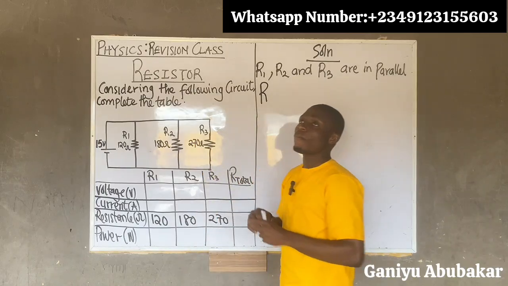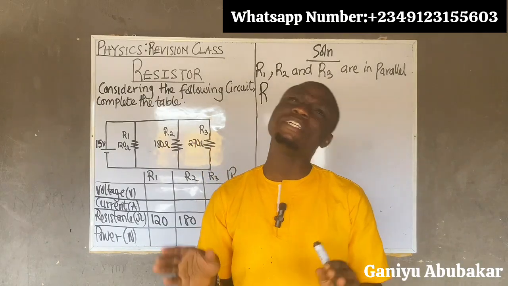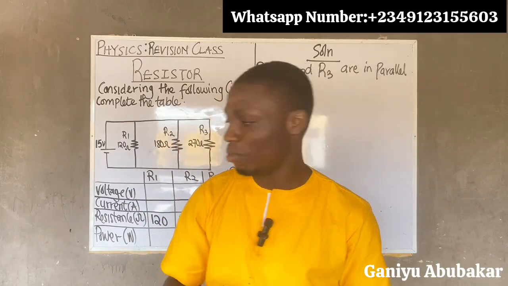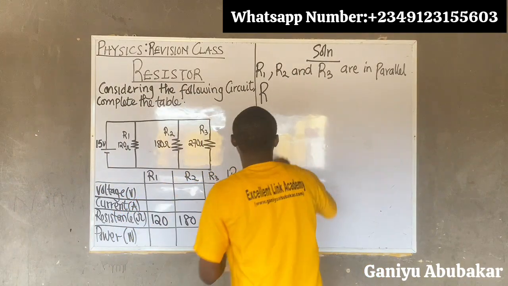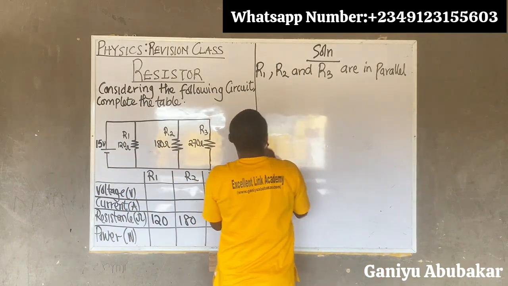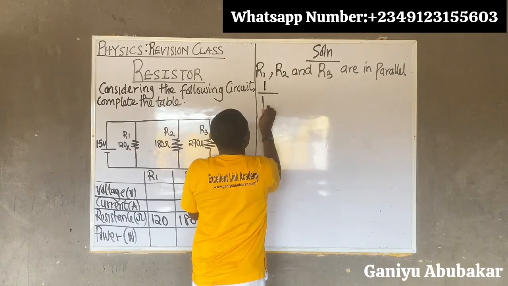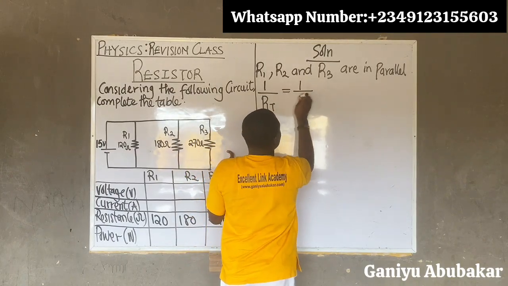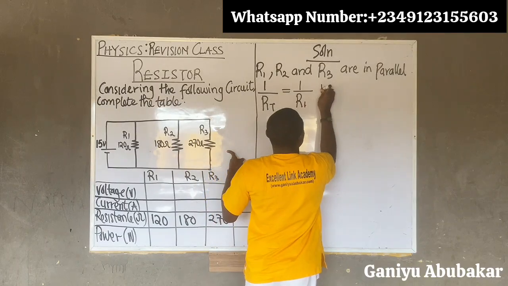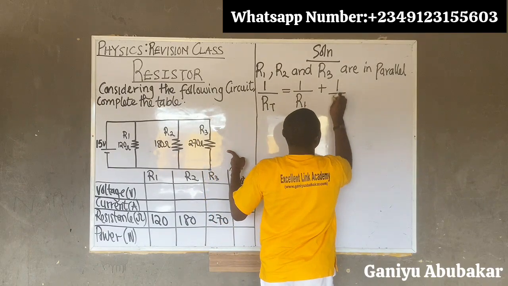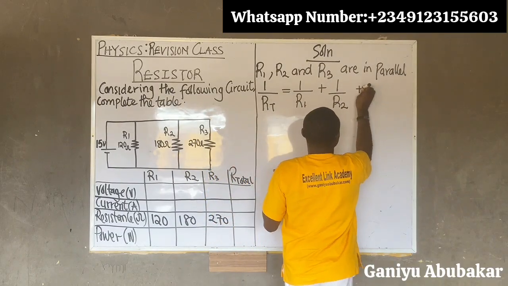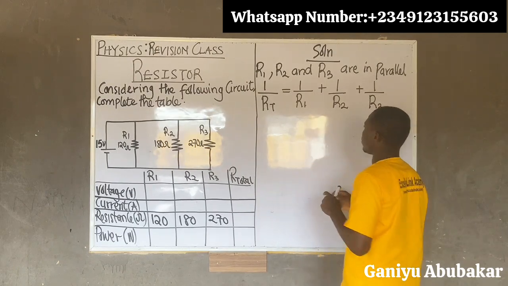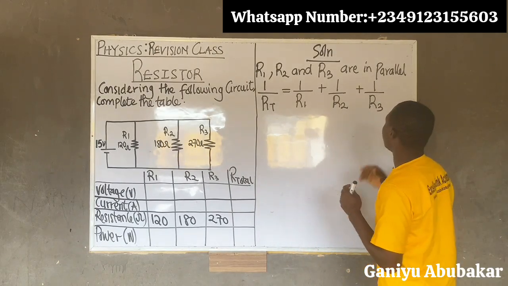For resistors arranged in parallel, I express the formula in fractional form. 1 over R total is equal to 1 over R1 plus 1 over R2 plus 1 over R3. This is for parallel arrangement.